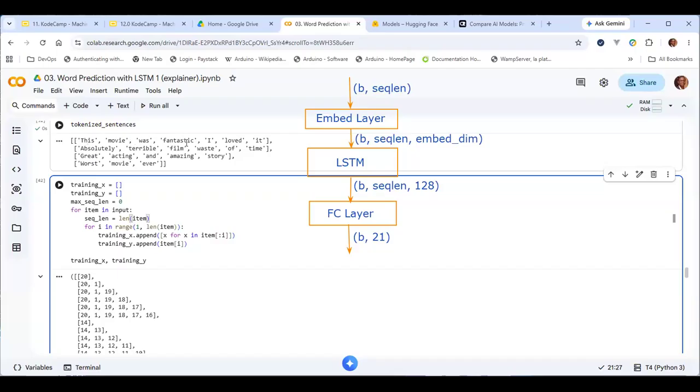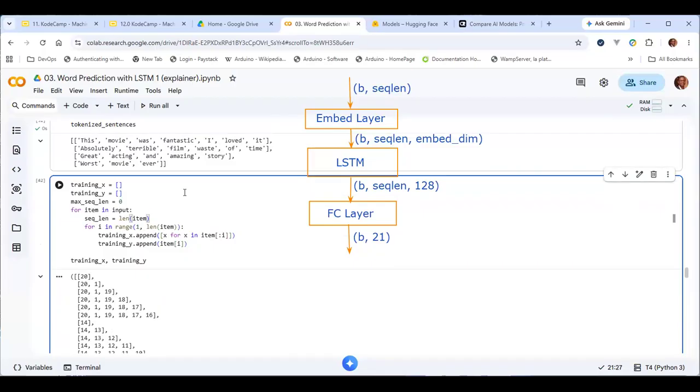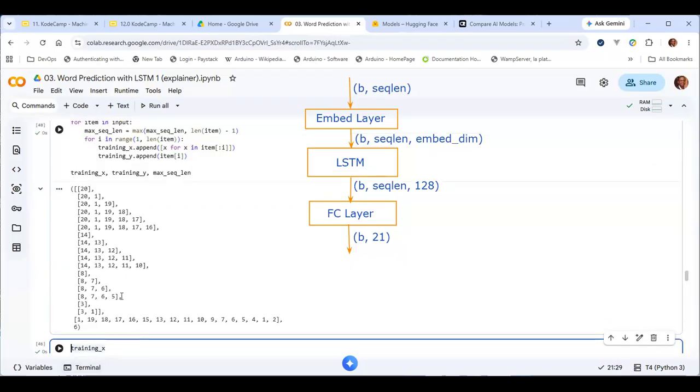So we have 1, 2, 3, 4, 5, 6, 7. Even though the max here is 1, 2, 3, 4, 5, 6. So maybe we can do minus 1, right? As a matter of fact, we could do it this way. Max sequence length is the max of max sequence length and length of item minus 1. So this way we just keep track of the max sequence length. So let me just put that here. So I think that was the piece that I was missing. We should have had a max sequence length.